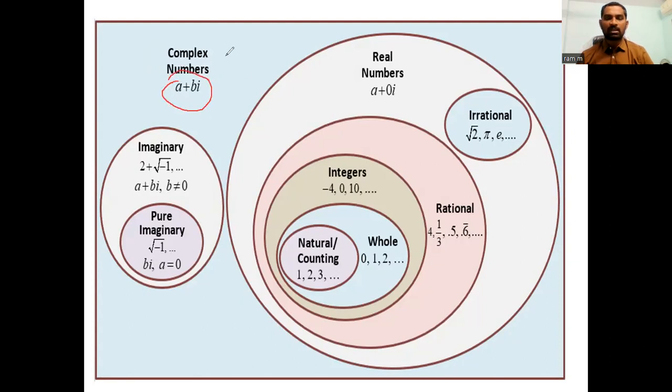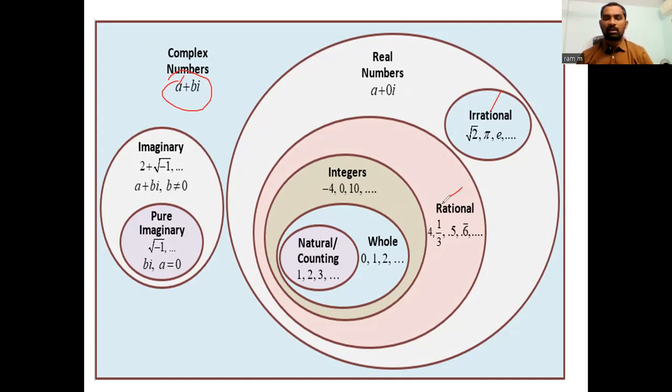In the complex numbers we have real numbers and imaginary numbers. In the imaginary set, we have pure imaginary numbers. The real numbers are a combination of rational and irrational numbers. Again, we don't give that much importance to irrational numbers.